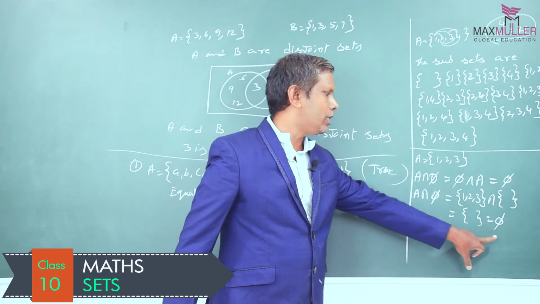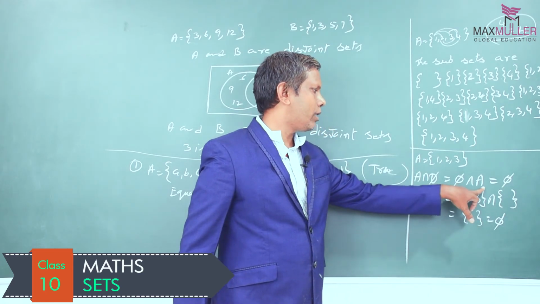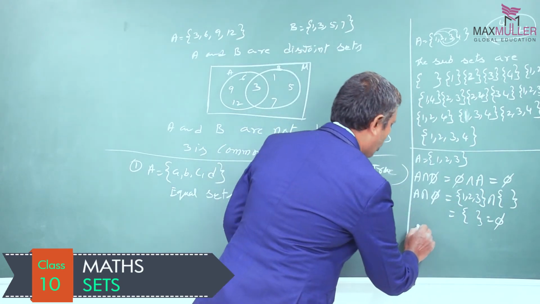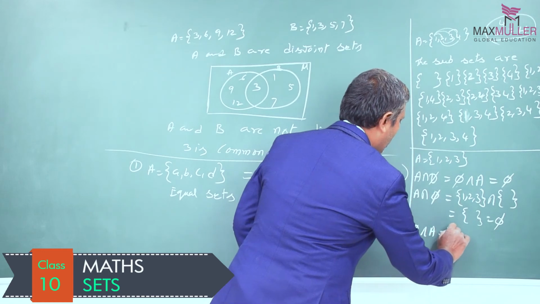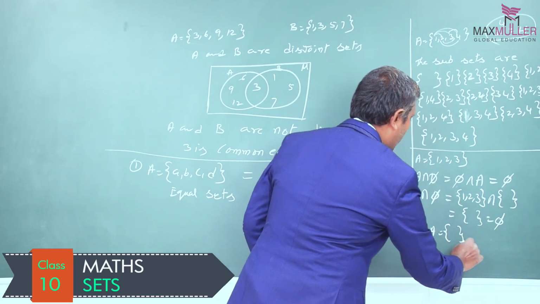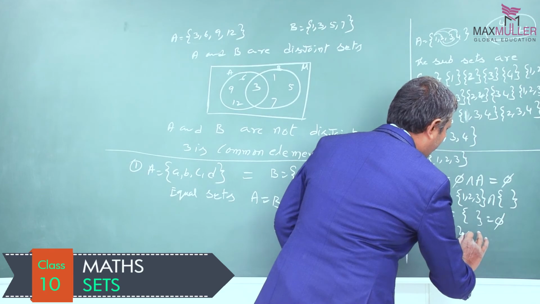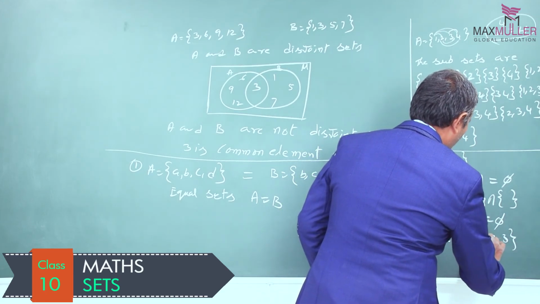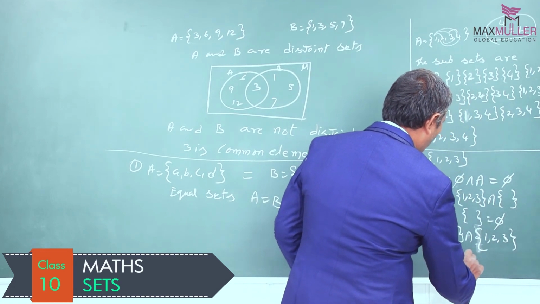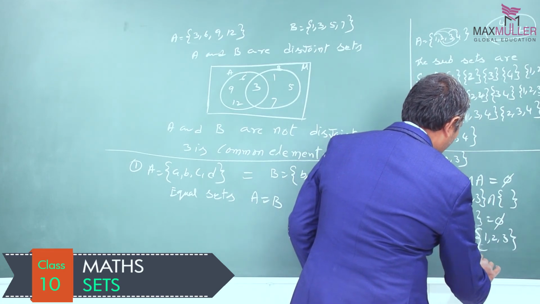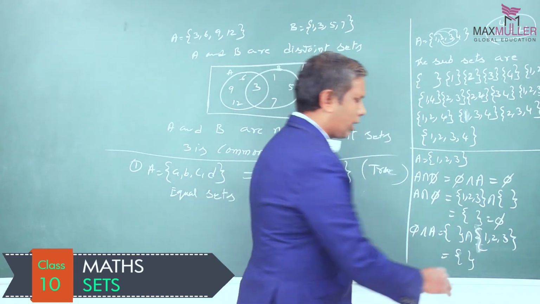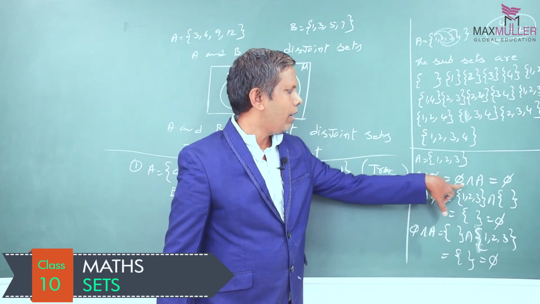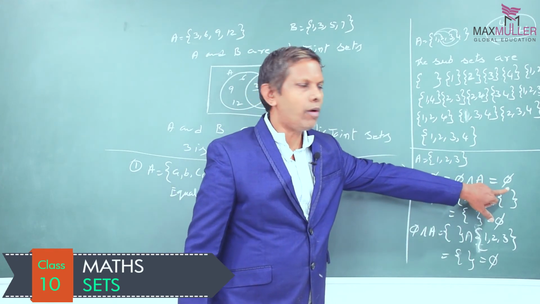A intersection phi is equal to phi. Similarly, phi intersection A: the empty set intersection the elements of A, 1, 2, 3, here also we will get the empty set only, that is equal to phi. Therefore, A intersection phi, phi intersection A is equal to phi.